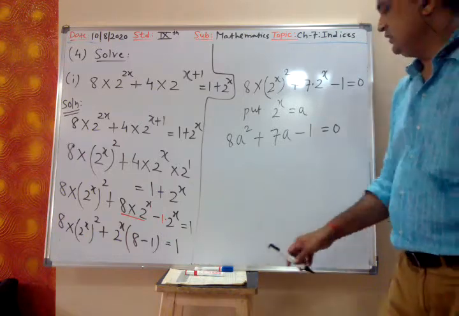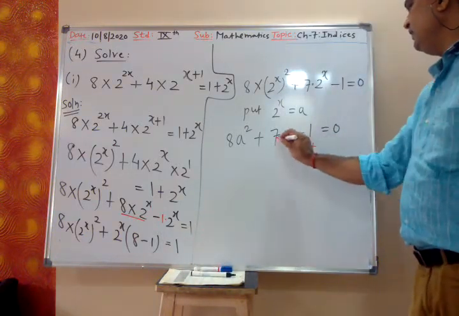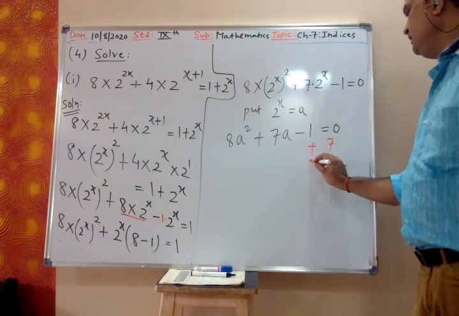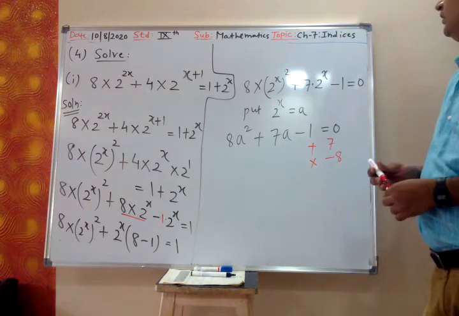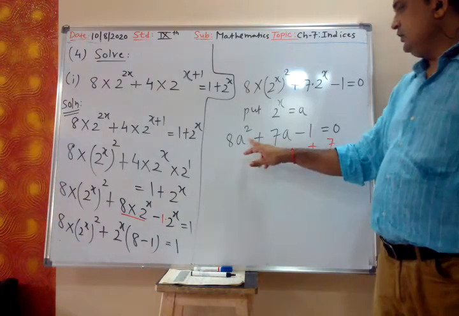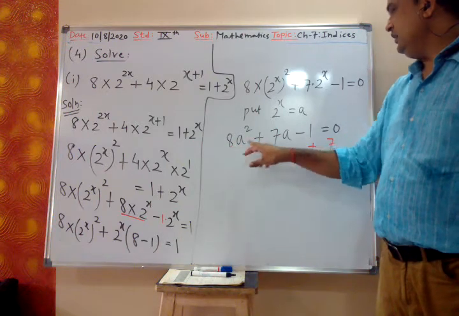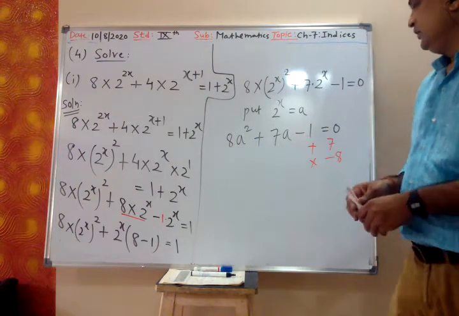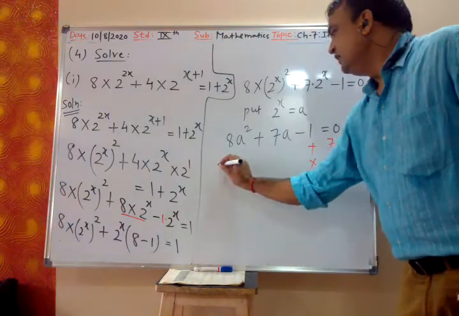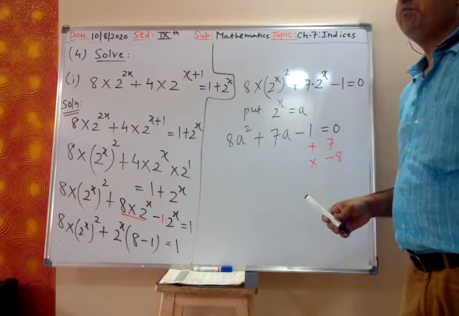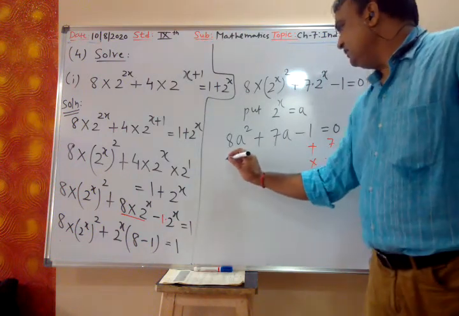which is a quadratic equation. Find two numbers whose sum is 7 and product is 8 into minus 1, minus 8, because the coefficient of a square is 8. So the two numbers are 8 and minus 1.